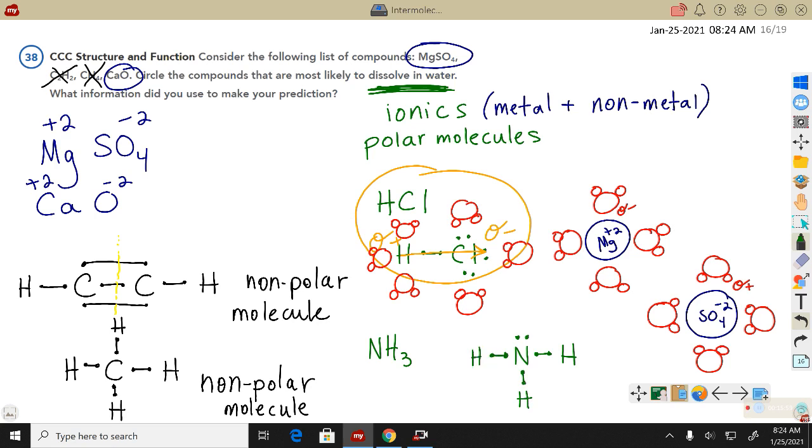Oh, yeah. So here, when I draw it, I notice that there is that extra pair on the top. So I'm left with something that does not give me an equal distribution around the center. Because of that lone pair, this thing's polar.